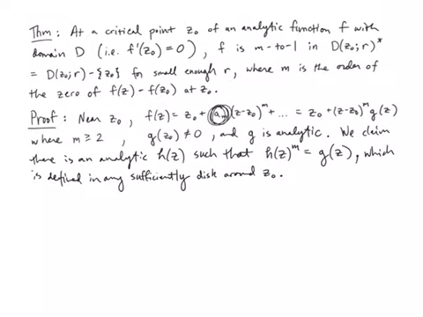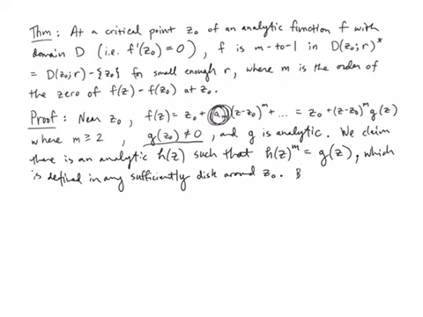So the first thing we need to say is that because g of z is not equal to 0 at z0, it's not equal to 0 by continuity. If we look in some sufficiently small disk around z0, g is not going to be 0.